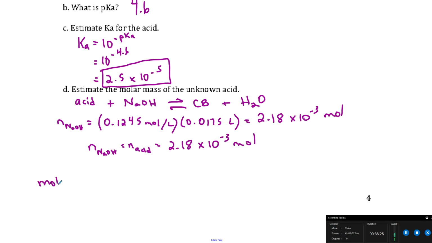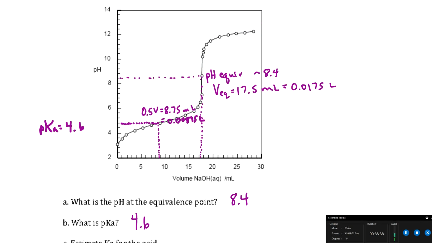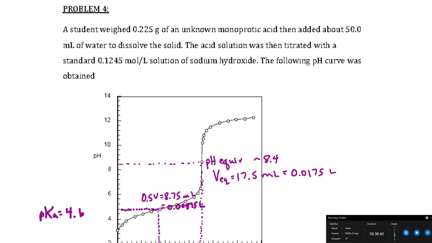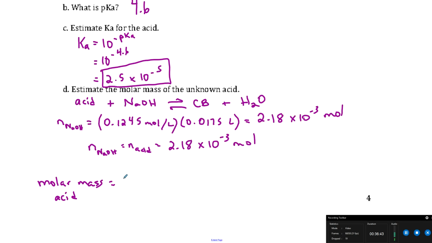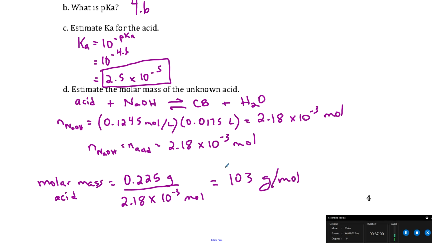So molar mass then of the acid: if we know how many moles we have, and we also know how many grams of the acid, we had 0.225 grams. We know molar mass is grams per mole, so grams and moles on the bottom will give me an answer of 103 grams per mole.